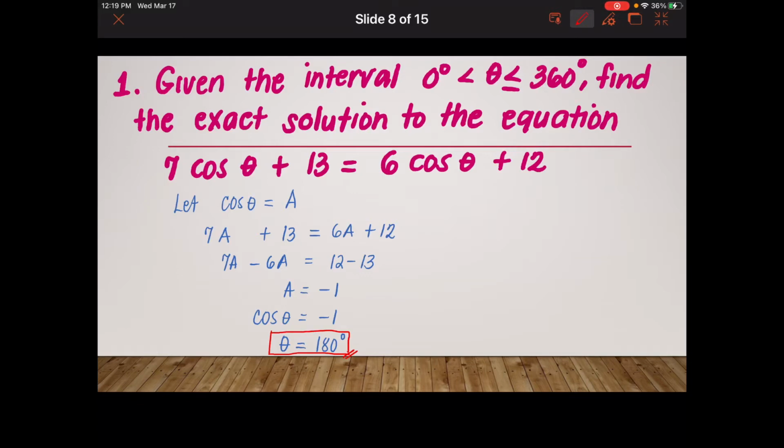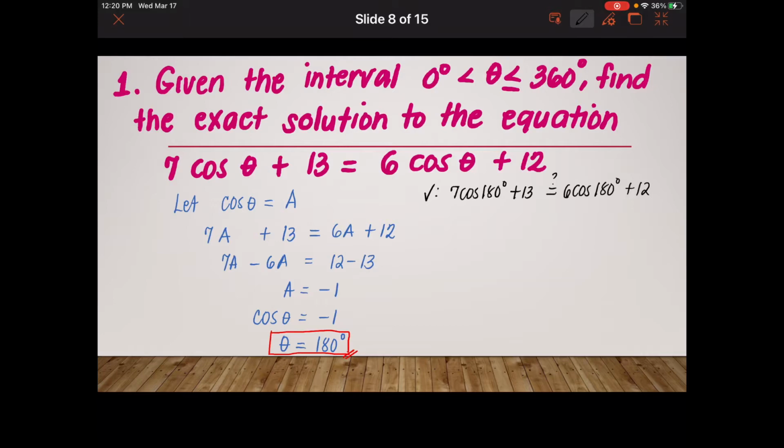Now, how will you check if your answer is correct? Let's do the checking. You just substitute theta in the given equation. So 7 cosine 180 plus 13, will it be equal to 6 cosine of 180 degrees plus 12?